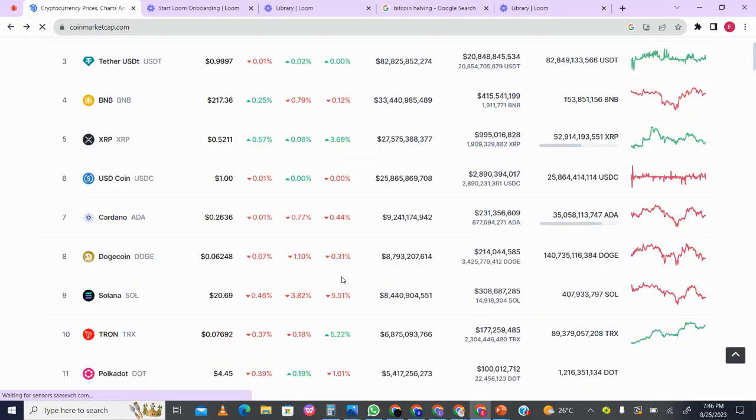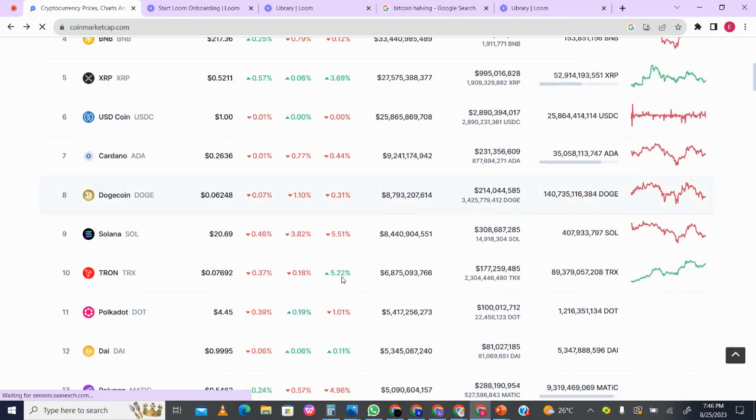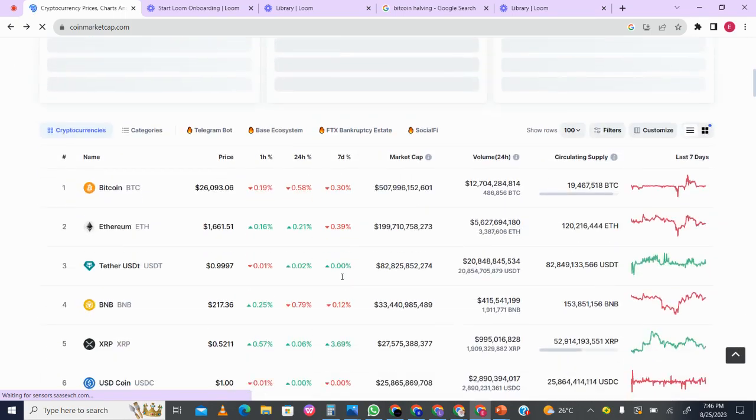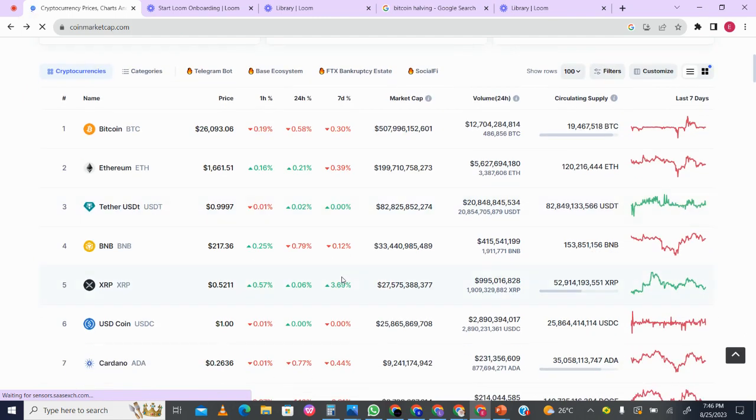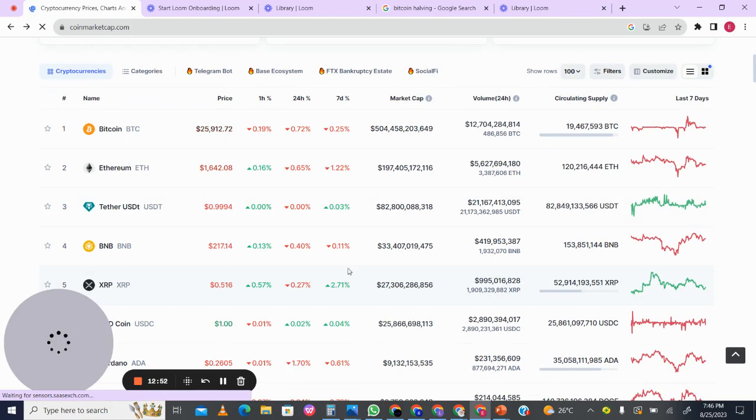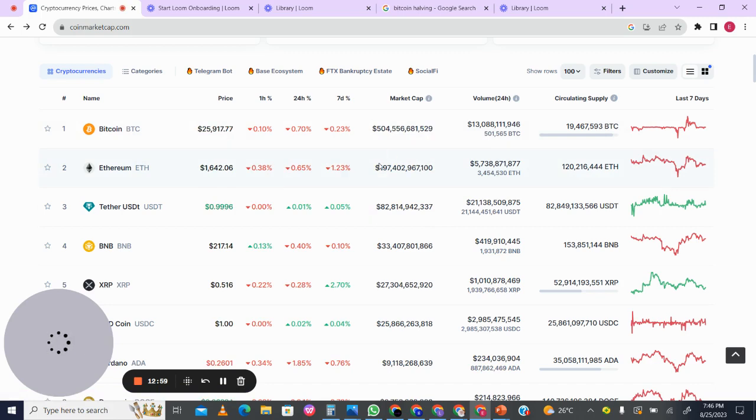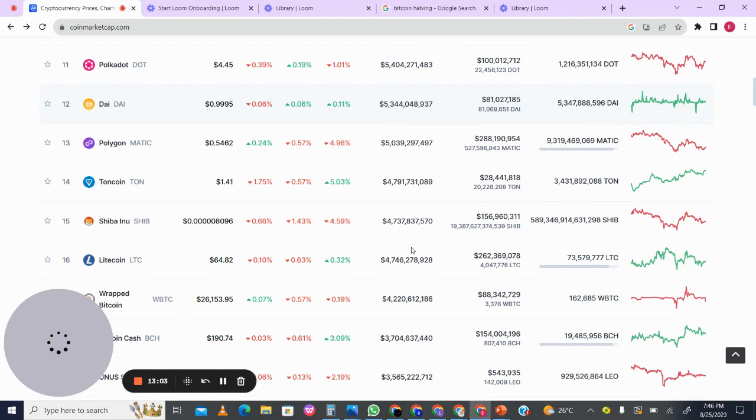There are a number of ways in which you can capitalize on this. And remember this, guys, it is not only Bitcoin that exists today. We have hundreds of other cryptocurrencies. Bitcoin is number one with over $504 billion market capacity. Ethereum follows suit. We have Tether and other cryptocurrencies like that.